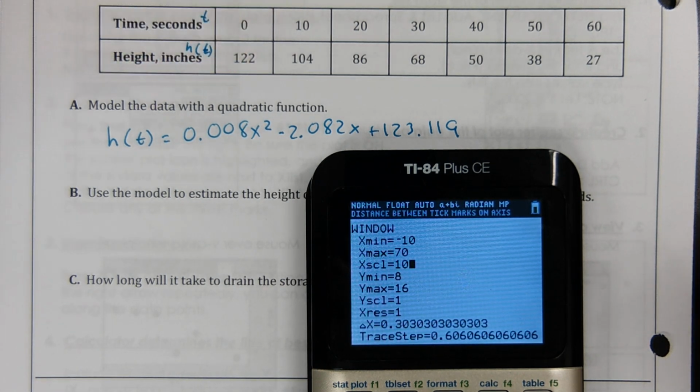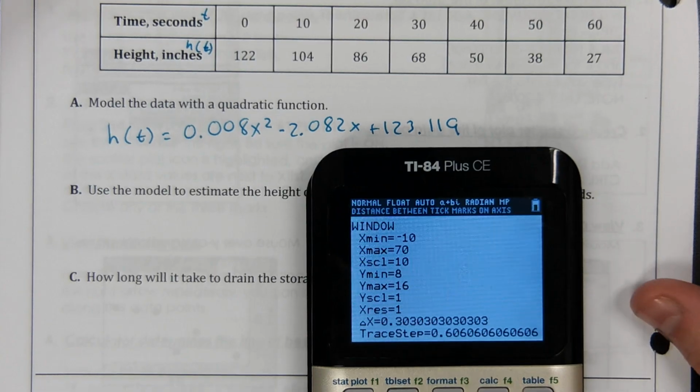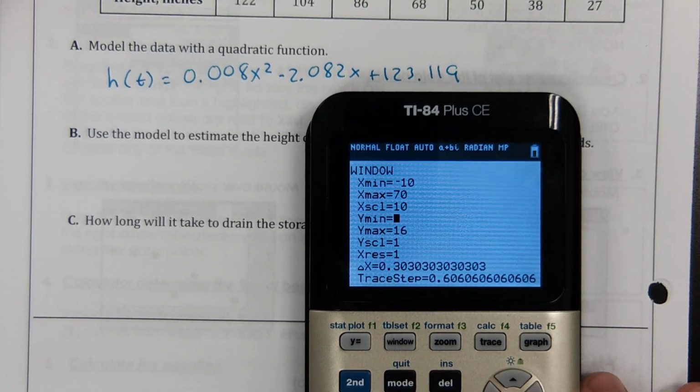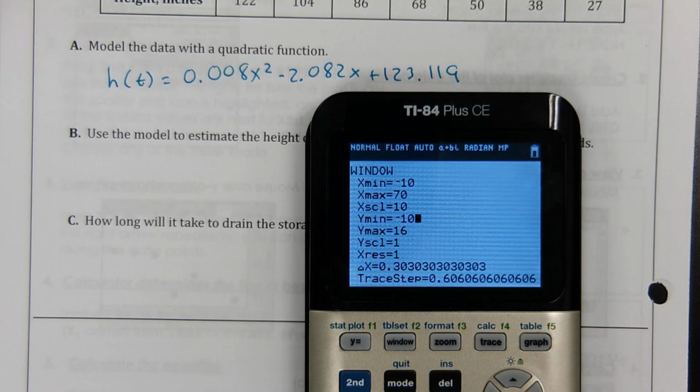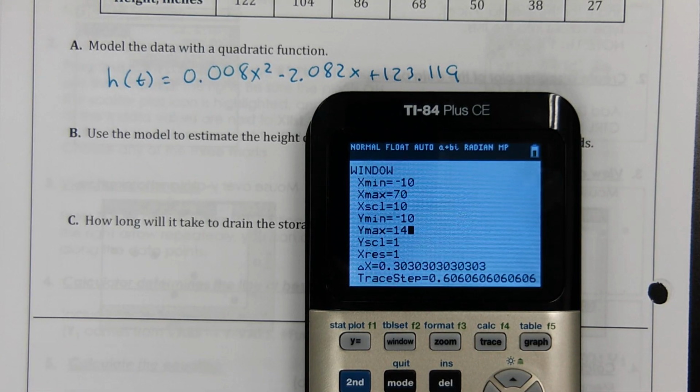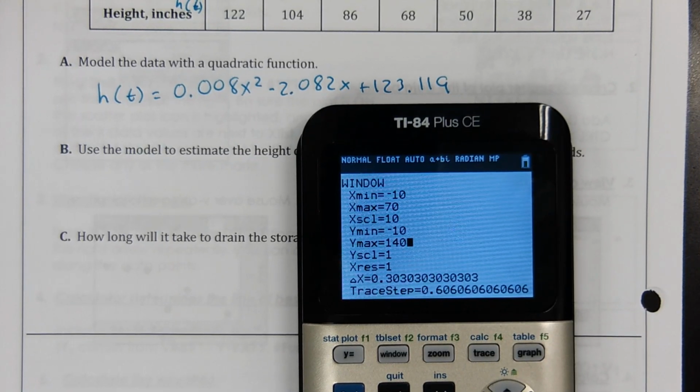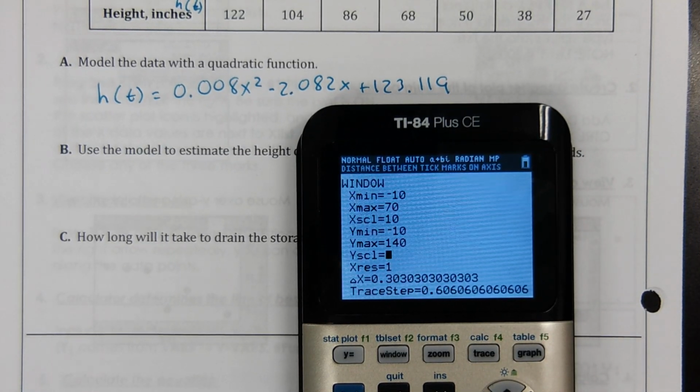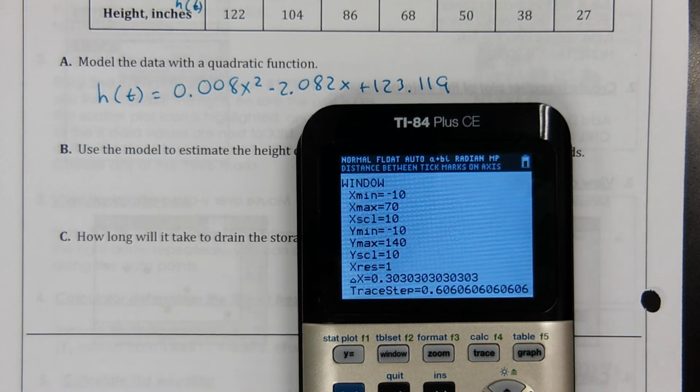And I'll go up as high as, I don't know, we think like 140? Yeah. Okay. So let's go from, say, -10 up to 140-ish. I don't know. I didn't get the scatter plot last period, so I'm kind of guessing right now. Obviously, our scale can't be ones, but it can go by tens pretty well. And when we hit graph, we're going to have some dots, and we're going to have a parabola, and you're going to see that that parabola gets really close to those dots. Can I hit graph?